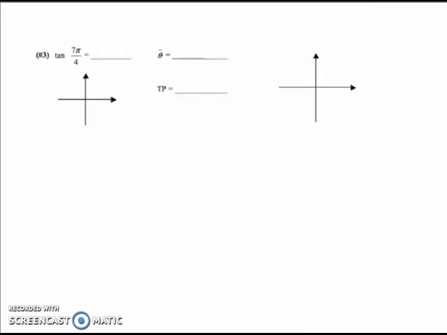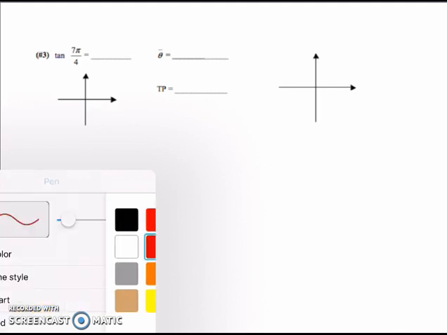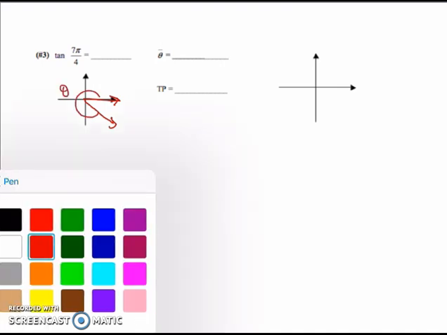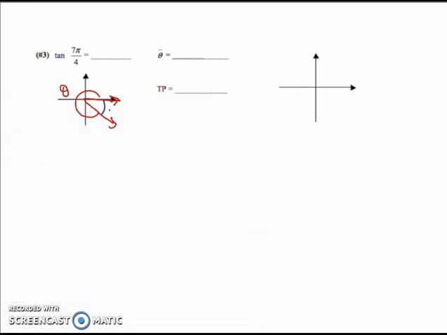Third example, we are looking at the angle 7 pi over 4, which is going to be right in the middle of the fourth quadrant. So here's our initial side, here's our terminal side, here's our angle theta. So that tells us that our theta bar is this angle right here, which is going to be pi over 4, or 45 degrees.